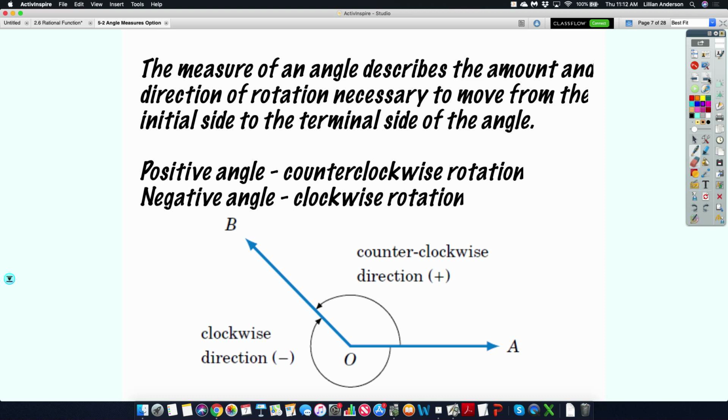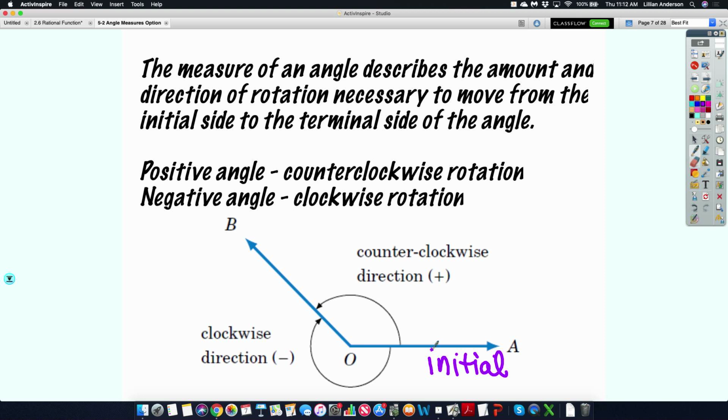Now, the measure of an angle describes the amount and the direction of rotation necessary to move from the initial side to the terminal side of the angle. In other words, when you create an angle, okay, you have your initial side. Okay, if it's in standard position, it's always on the positive x-axis. Your terminal side is what creates the angle because that's the one that moves.